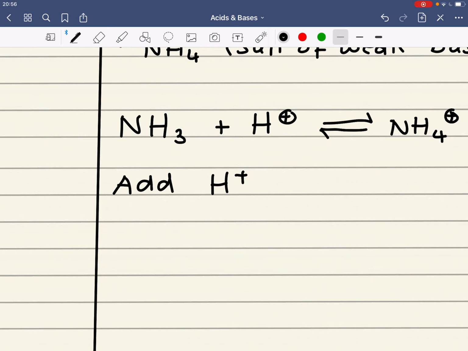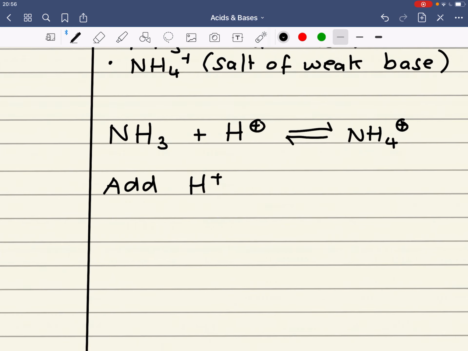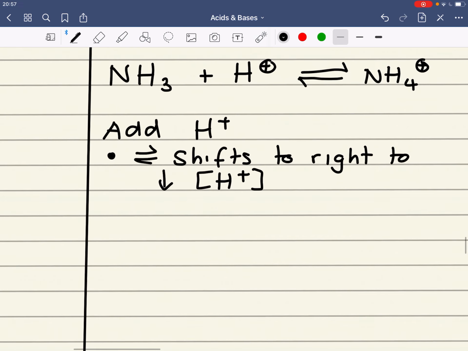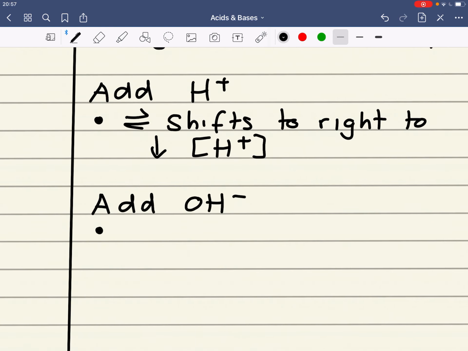So if we add hydrogen ions, I'm hoping you can see what is going to happen to the equilibrium. Equilibrium shifts to the right to decrease your hydrogen ion concentration. If we add hydroxide ions, hopefully what you can see is very similar explanations as we did for the acidic buffers.